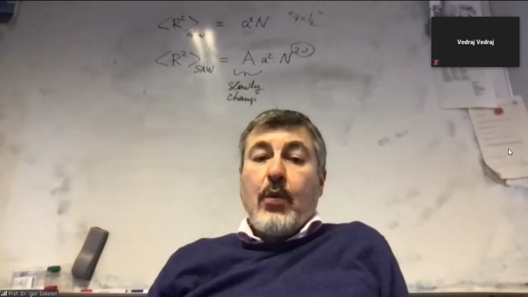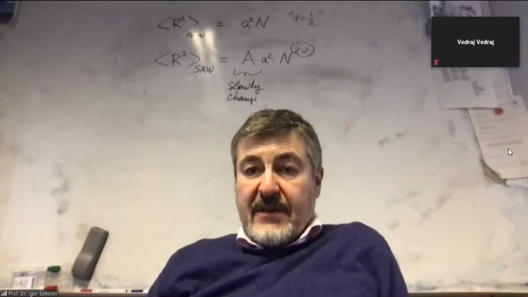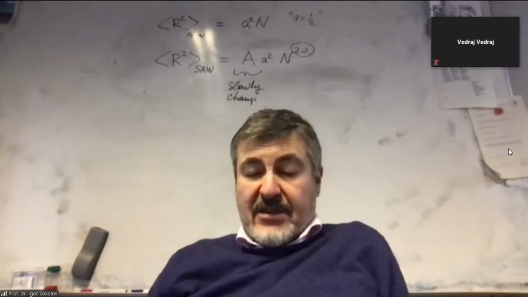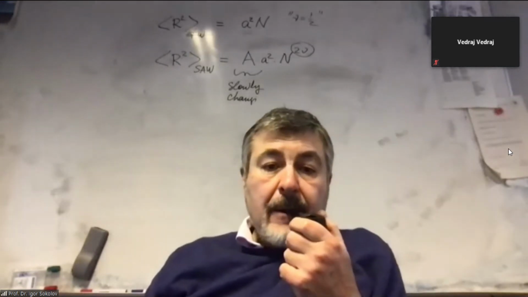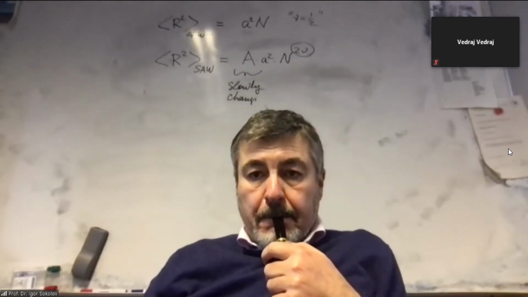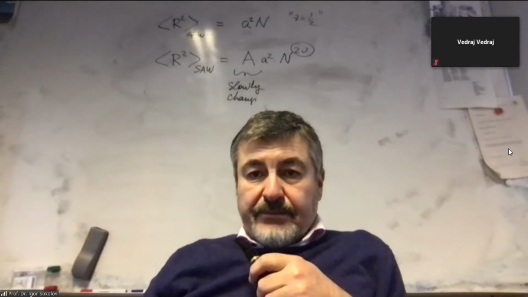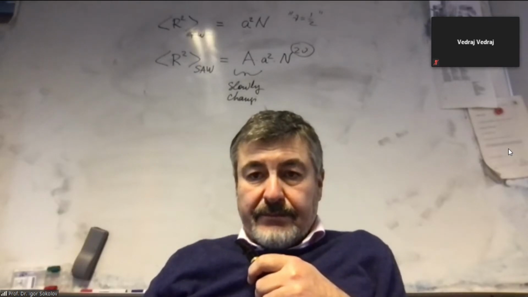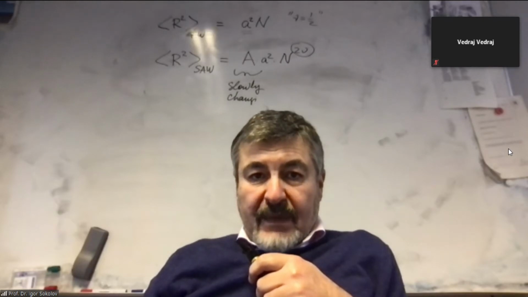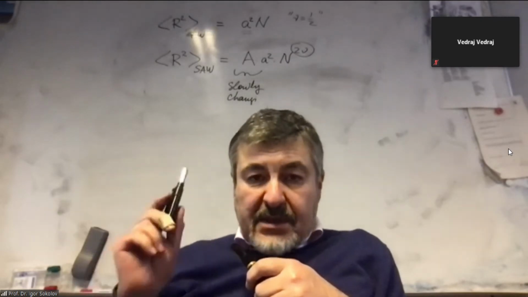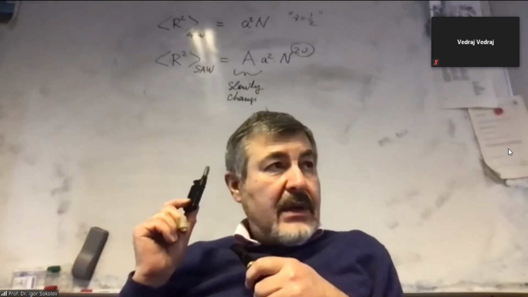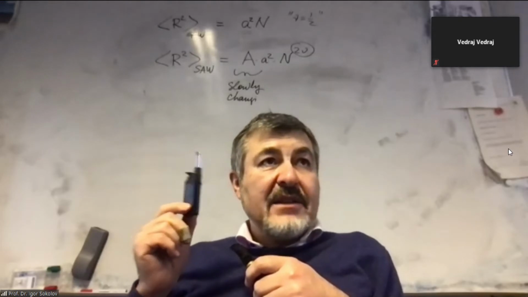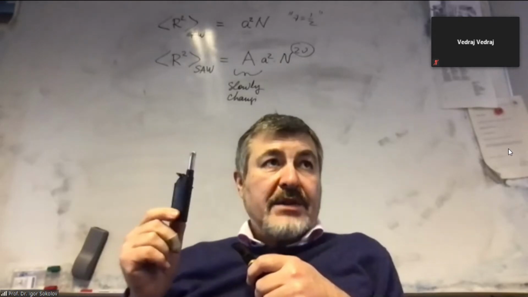Now, who can tell me why is it larger? Why does it have to be larger? And this we have seen essentially. Is it because it can't fold back on itself? Whereas the ideal random walk, it doesn't matter where it goes. Whereas for the chain, there are some constraints. Correct. Try to formulate it in slightly different words.